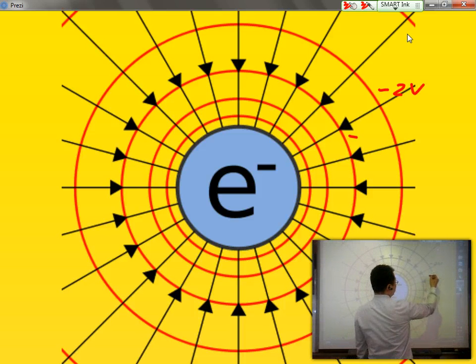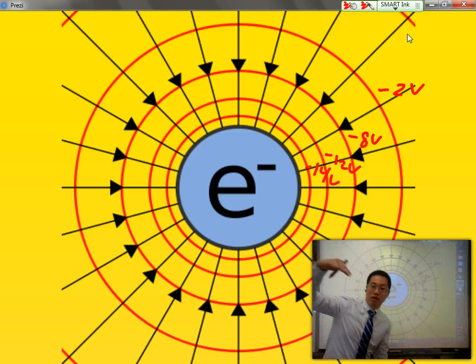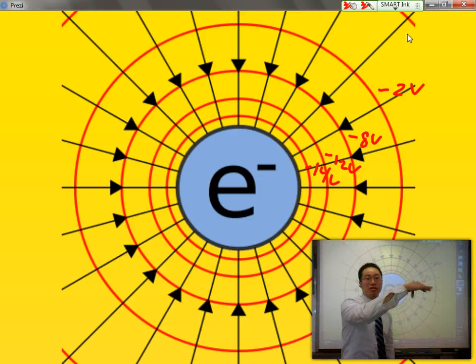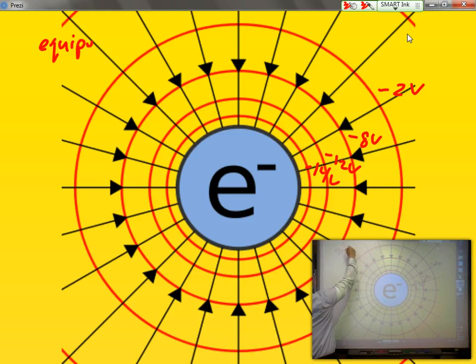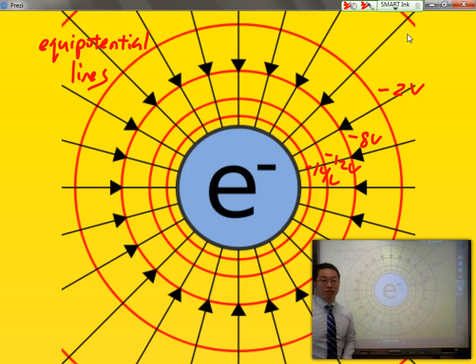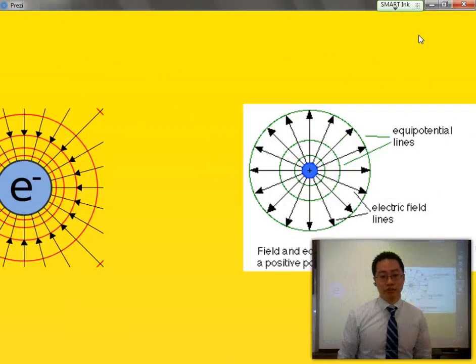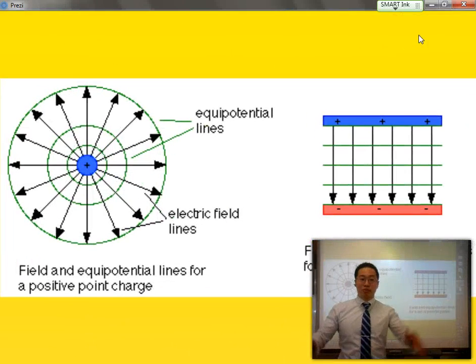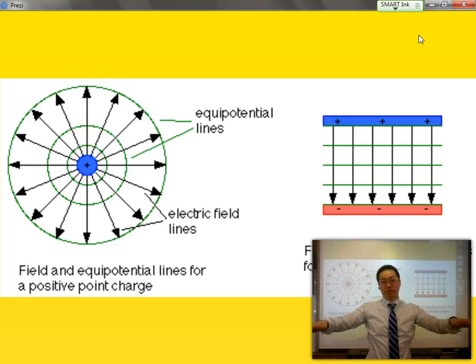Then over here it might represent -8 volts falling further down, -12 volts, -14 volts, but it's basically showing a pit based on the contour lines. And that's what we call equipotential lines. If you had a positive charge, that would simply be the opposite, where the equipotential lines are showing climbing up to the top of a mountain.